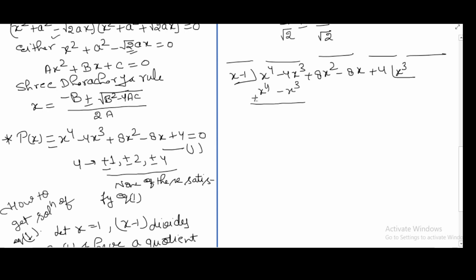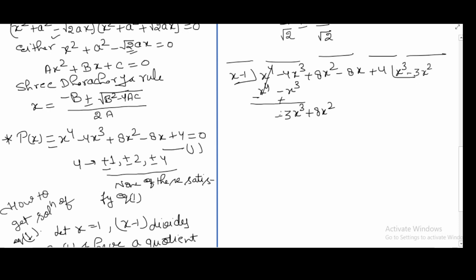By applying the divide rule, this will be minus, and this will be plus. This will be cut out, and here the value will be minus 3x cube plus 8x square. Now in order to make this minus 3x cube, we have to multiply by minus 3x square.